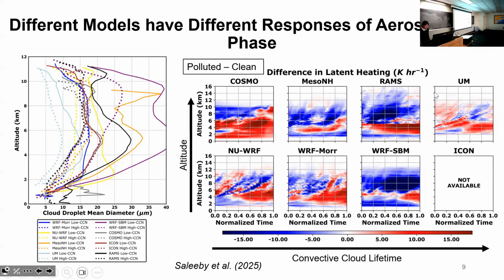Some models, like RAMS and the Wolf spectral bin models, show some negative impact of aerosols, but some of them show more red colors. But they are also associated with changes in the cloud life cycle. They are very complicated.